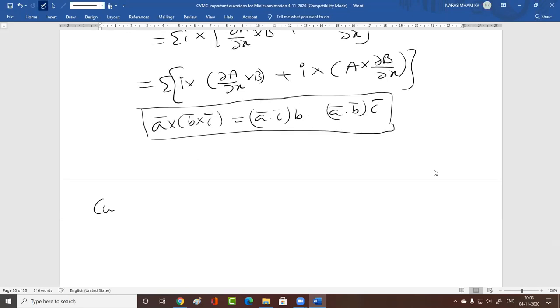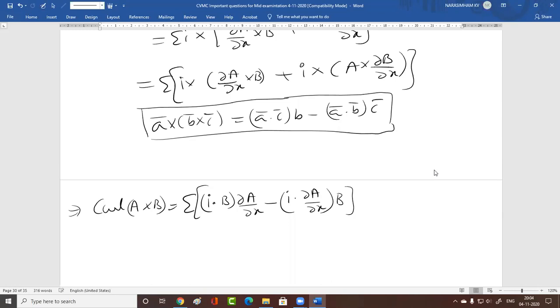Curl A cross B, left hand side, equals sigma i: this is A cross B cross C, so i dot B into dou A by dou x, minus i dot dou A by dou x into B. This is the first one.